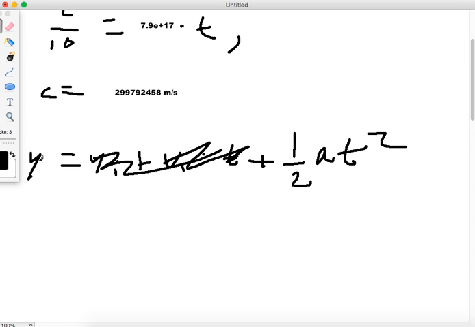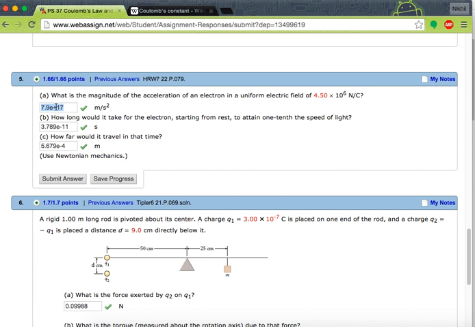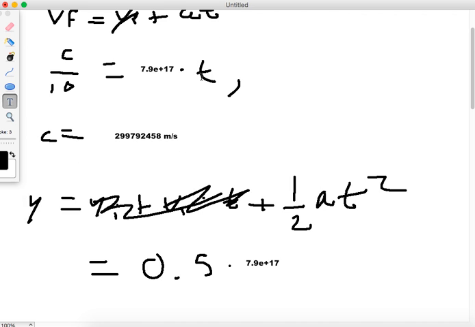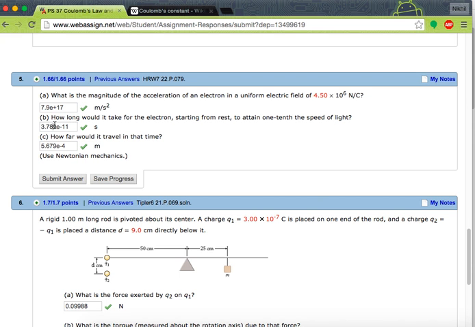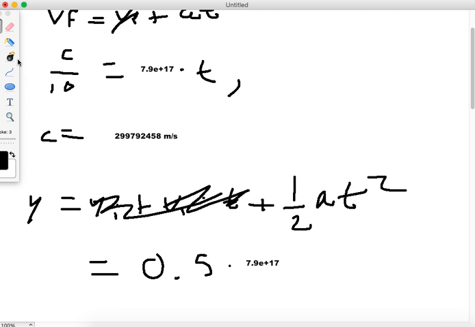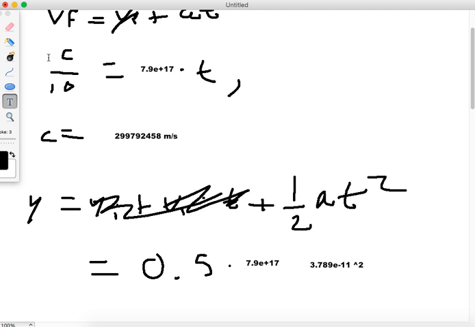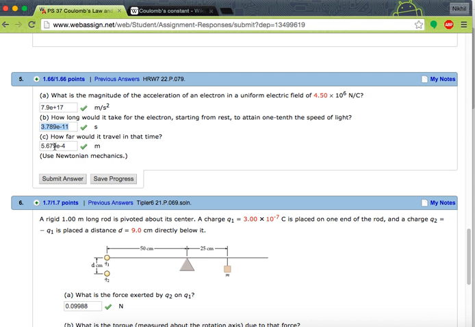So how far it travels equals 1/2 a, which we solved for here, times t squared, and then t we should have solved for in the second part, and I got this. So let me just place this here. There, that's good enough. That is how you get that, and then you should get this.